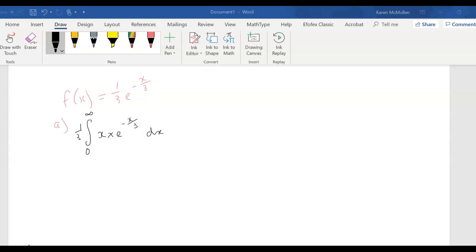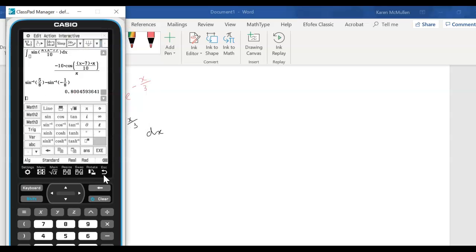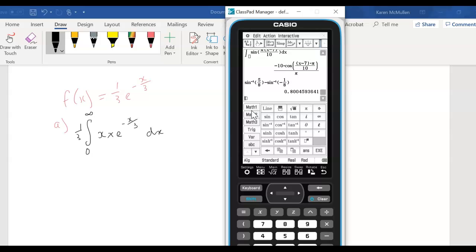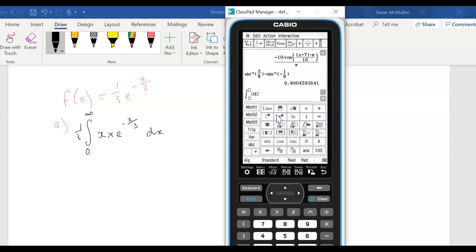So we're going to do this on the calculator. So I'll just get the calculator up, shift it on over to this side. Okay, so we're finding the definite integral. I probably could have left that 1/3 there, but we're going from 0 to infinity. Now, on your calculator, you don't have to introduce the limit.